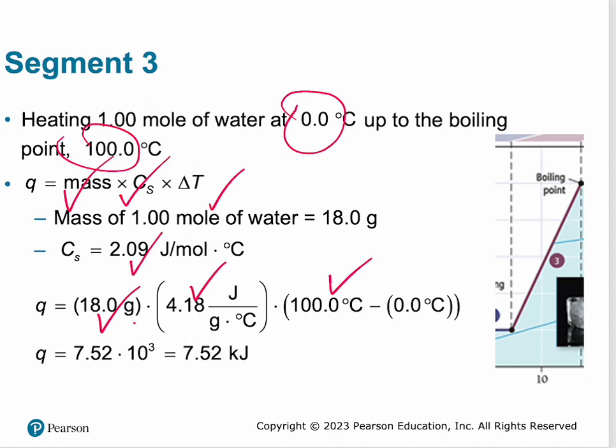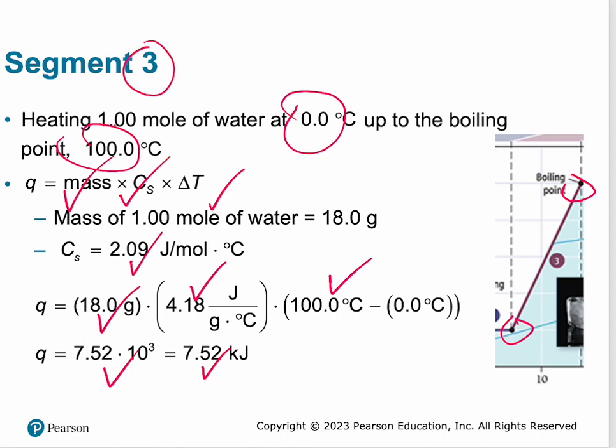So this constant is different than the one before, remember? Now, if I do all this equation and calculate, I get basically 7.52 going from joule to kilojoule. So we need this much energy to go from 0 degree water to 100 degree water. So that's what the textbook calls step number 3.